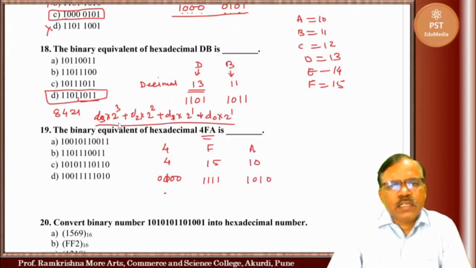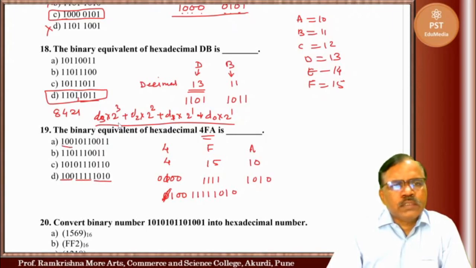So we have here 0100, 1111, 1010. Now you can ignore this also. So here 100, 111, 1010.